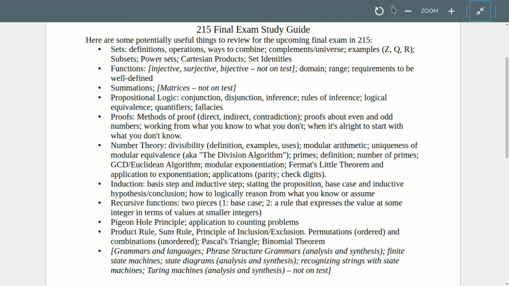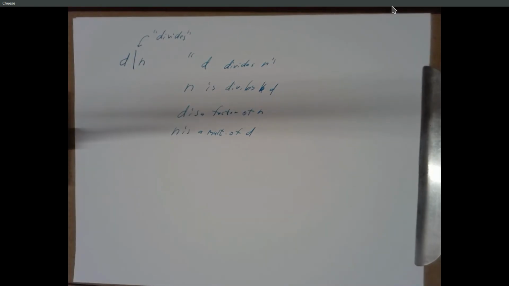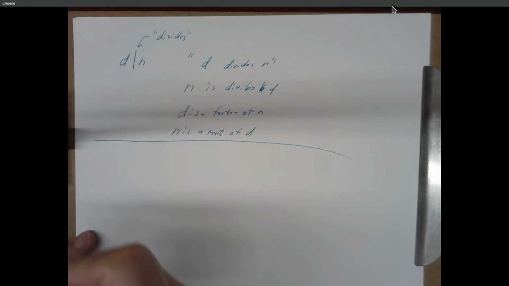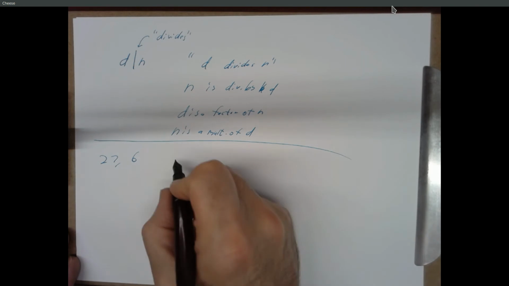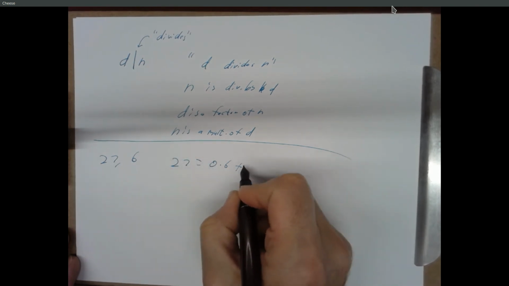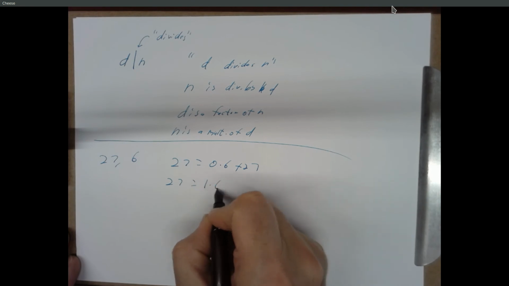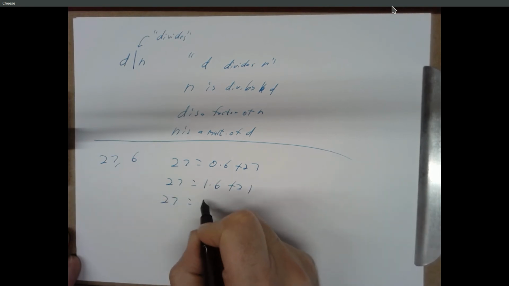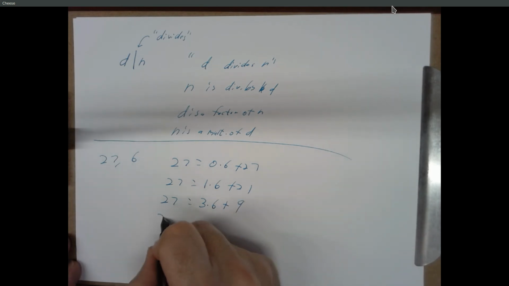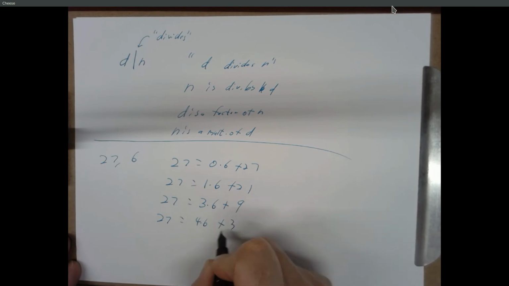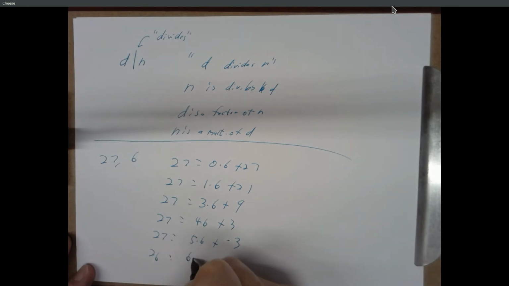And there's this thing called the division algorithm, which basically says if you pick two numbers, like say 27 and 6, I can write 27 equals 0 times 6 plus 27. 27 equals 1 times 6 plus 21. 27 equals 3 times 6 plus 9. 27 equals 4 times 6 plus 3. 5 times 6 plus negative 3. 6 times 6 plus negative 9. And so on.